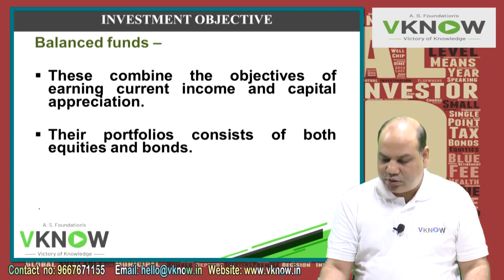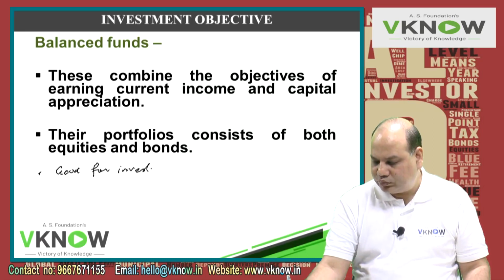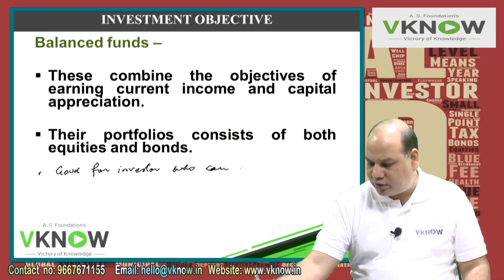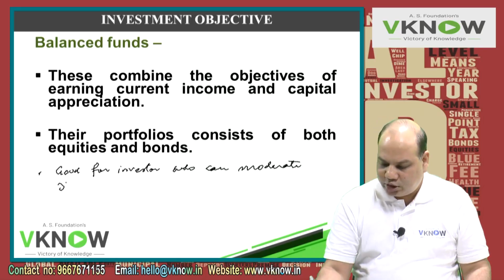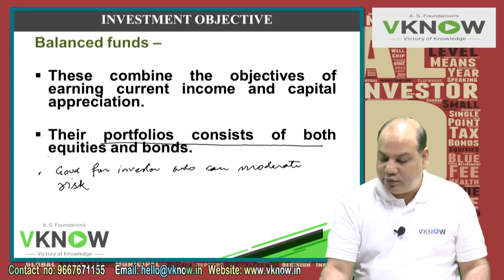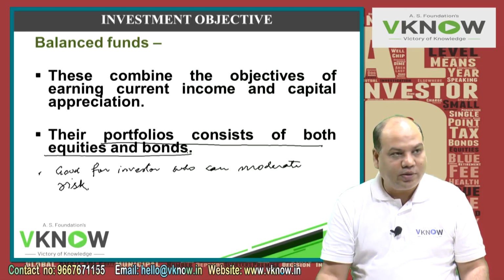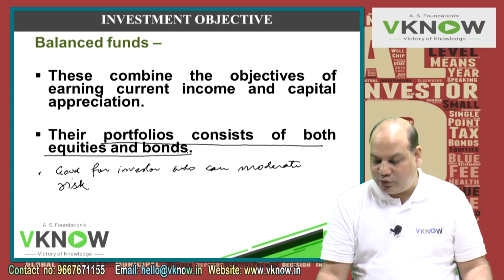So this is good for investors who can take moderate risk. Why is the risk moderate? Because these mutual funds invest in equities and bonds both. So it has some advantage of growth fund, it has some advantage of income funds also.